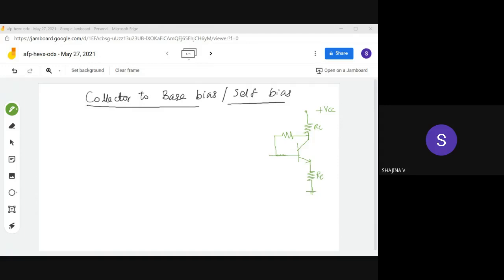So finally our IB will be equal to VCC minus VBE divided by RB plus 1 plus beta into RC plus RE. So this will be our expression for IB.